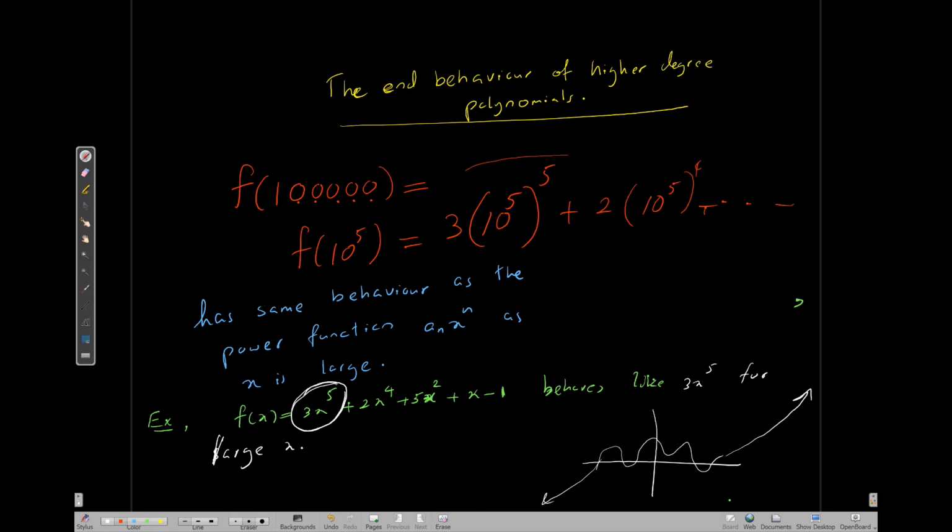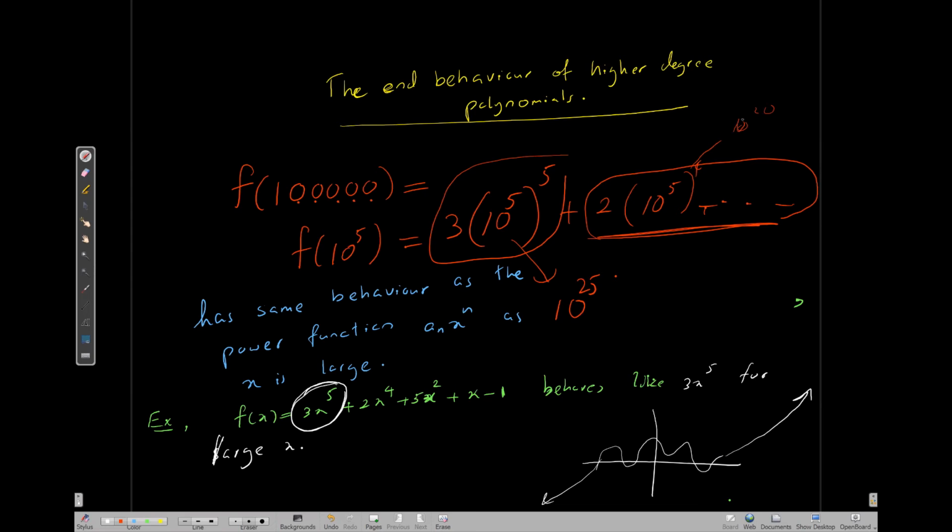But this term is much larger than all these other terms, because the powers are increasing. This term has 10 to the 25th power, and compared to it, yes, this one is big, 10 to the 20, but the first is larger. So when x is getting larger and larger, this polynomial is dominated by, or getting closer and closer to, its highest degree part.